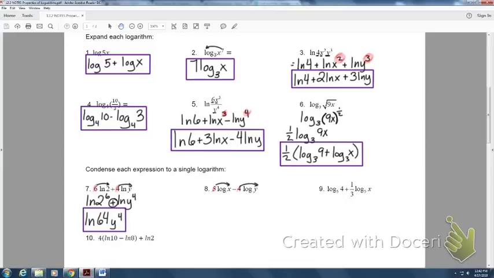So I can move those to as the exponent. So I've got log of x to the 5th minus log y to the 4th. And now I've got subtraction in this problem. And I can condense subtraction by using division. So log of x to the 4th over, x to the 5th over y to the 4th.